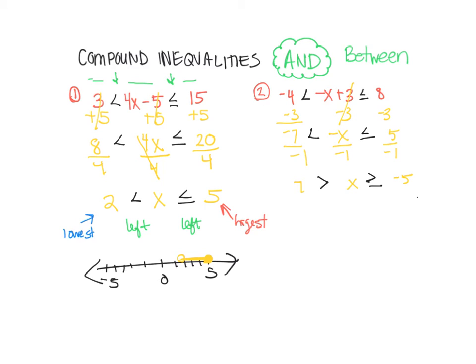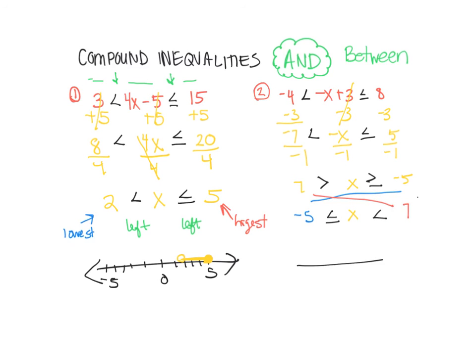Now, to get this to look in the correct format, I change my inequality symbols again because I want the x to stay in the middle, but I want this lowest number to come over here and this greatest number to come over here. And when I flip sides of an inequality, these symbols change too.